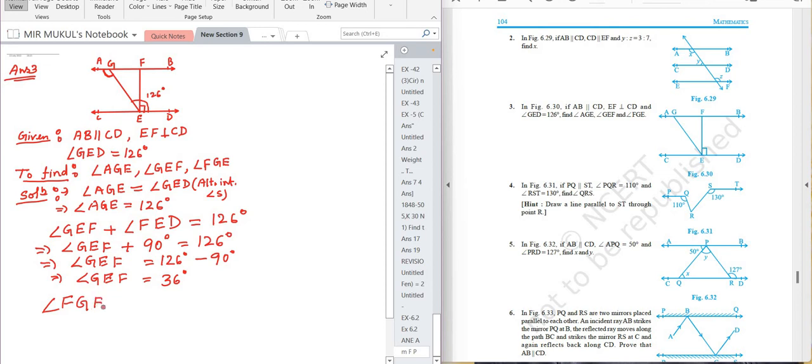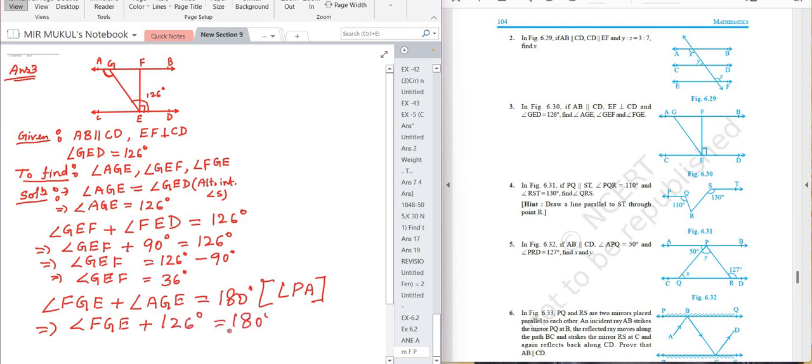Now FGE plus angle AGE equals how much? 180 degrees, because of the linear pair axiom. Sir, it is correct. Okay. FGE plus AGE, we are getting 126 equals 180 degrees.